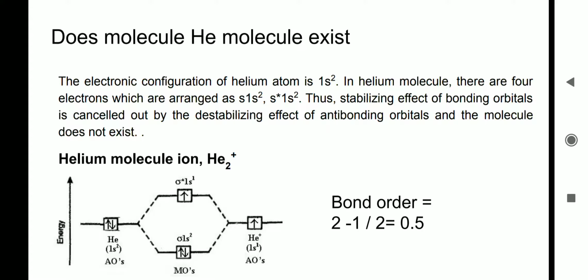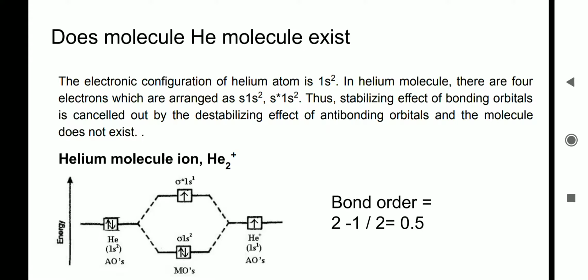Thus, there will be a stabilizing effect of electrons in the bonding molecular orbital, and that effect is cancelled by the same number of electrons in the antibonding molecular orbital. Hence, the net effect will be 0 and this molecule will have bond order 0.